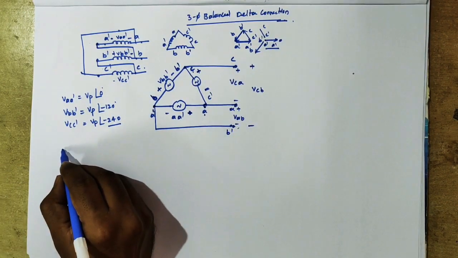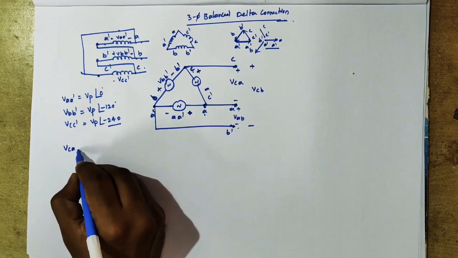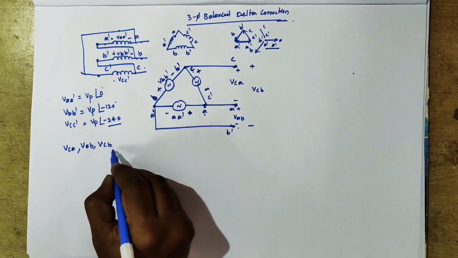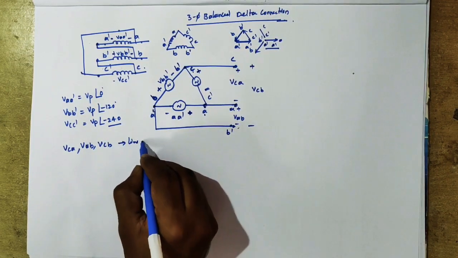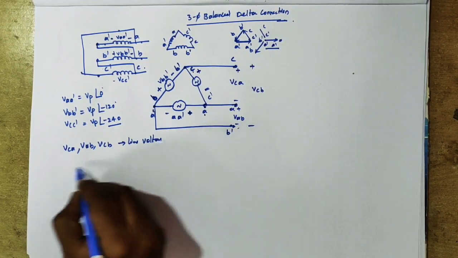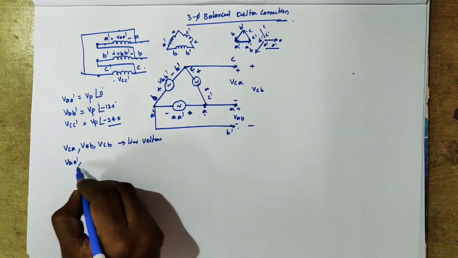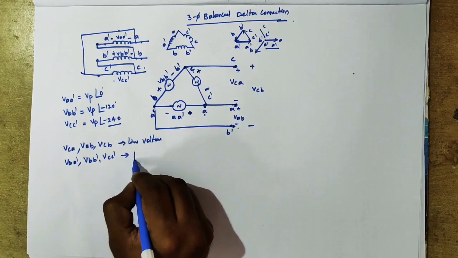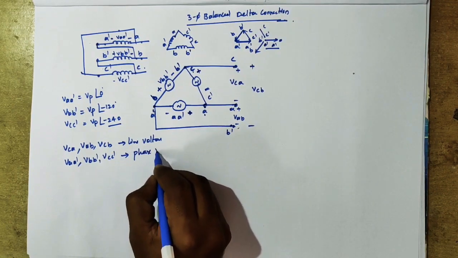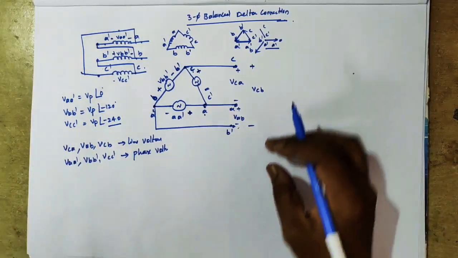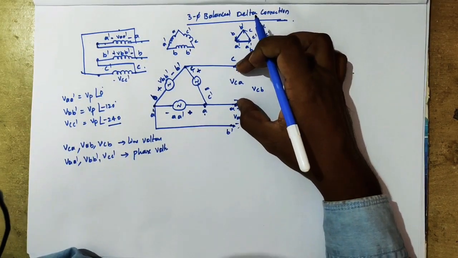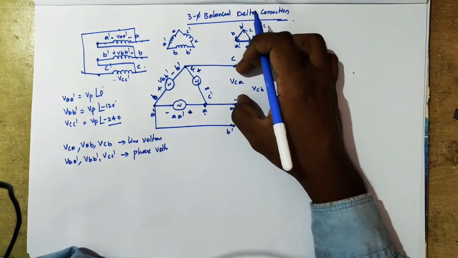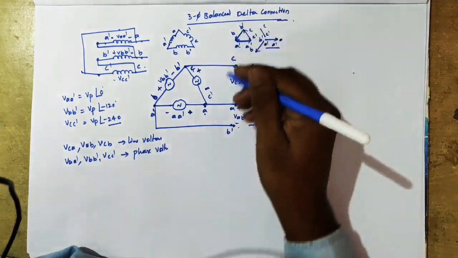VCA, VAB and VCB are line voltages. VAA', VBB' and VCC' are phase voltages. If you observe carefully, this line voltage is exactly equivalent to the phase voltage, so VCA is equal to VCC'.